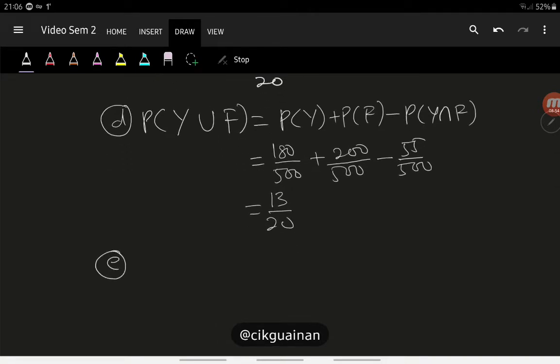Okay, now next is E. Are events male and in favor independent? Why? When the question asks something like this, we have to check whether they are independent or not.